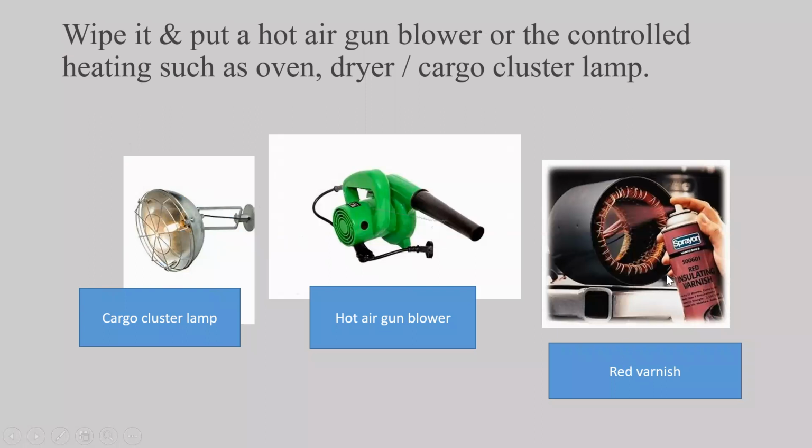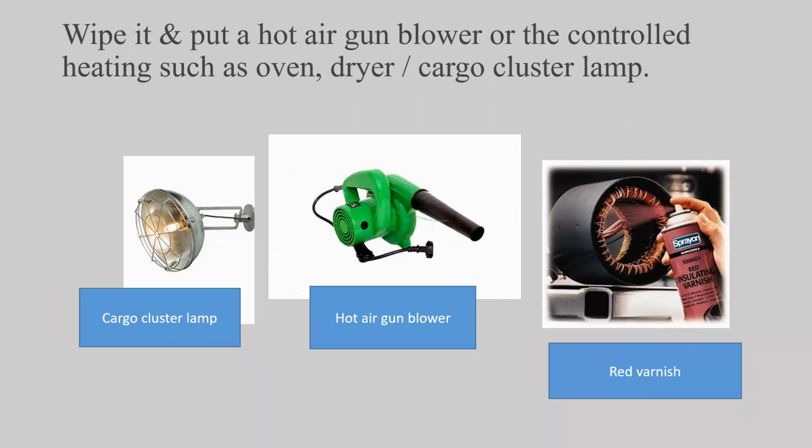Red varnish comes at last. After all the cleaning work is completed, you have to check the insulation. When water content is present, the insulation will be only around 200 ohms. That is not sufficient insulation for running a motor, as it will not withstand current.